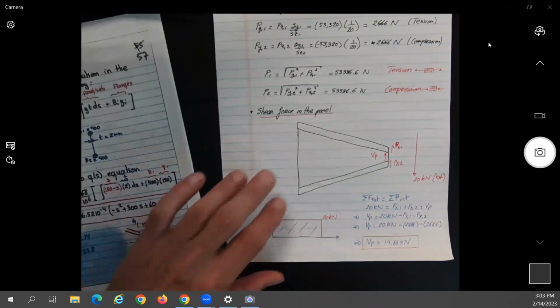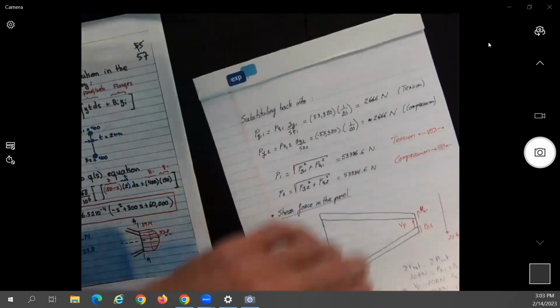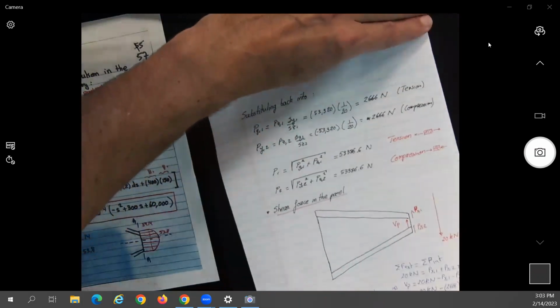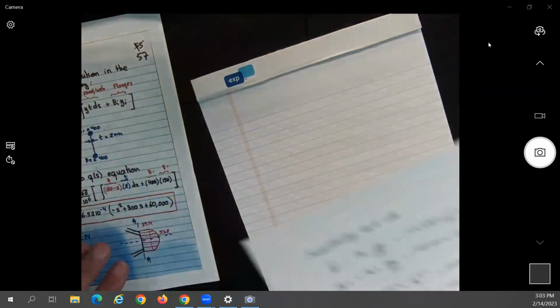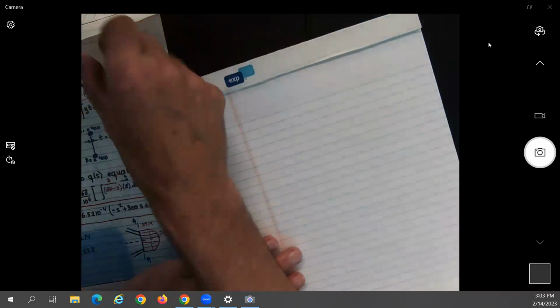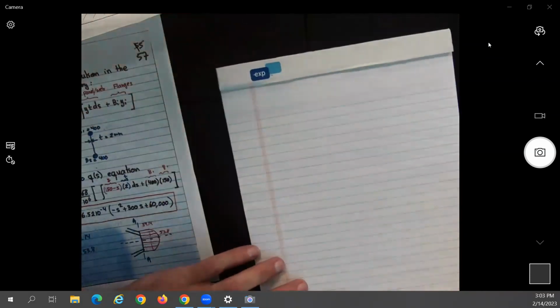Okay, now that we have the shear in the panel, we can calculate what will be the shear flow in the panels.